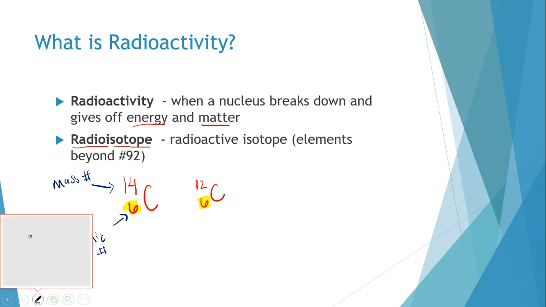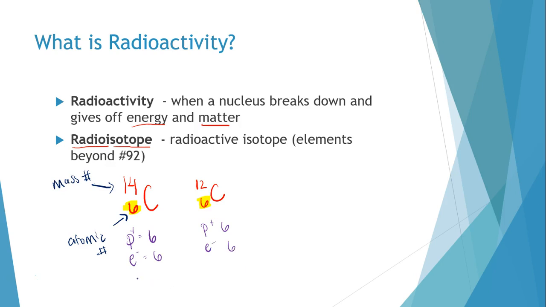So remember when we did this, if we look at these, I'll quit switching colors here in just a second. This one has 6 protons and it has 6 electrons. This one has 6 protons and 6 electrons. What's different about them is the number of neutrons. This one has 8 neutrons because we subtracted the number of protons from the mass number, and this one has 6.